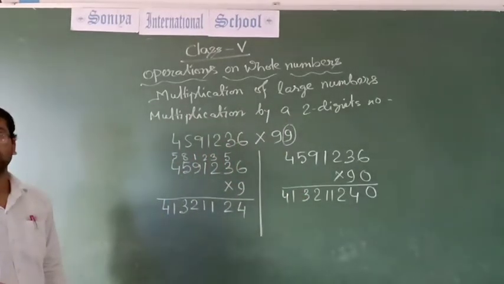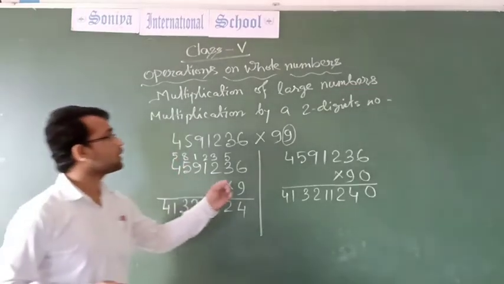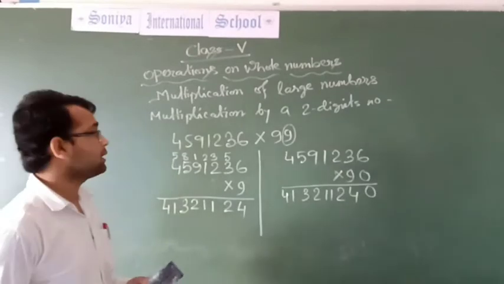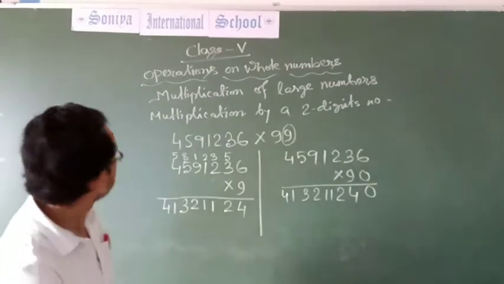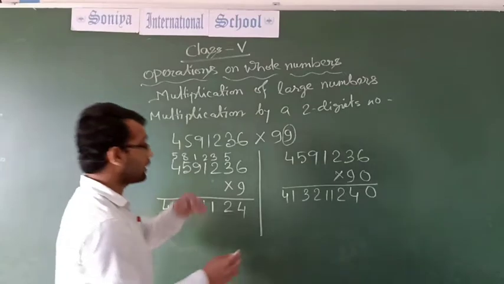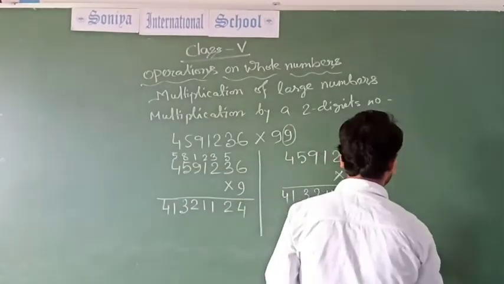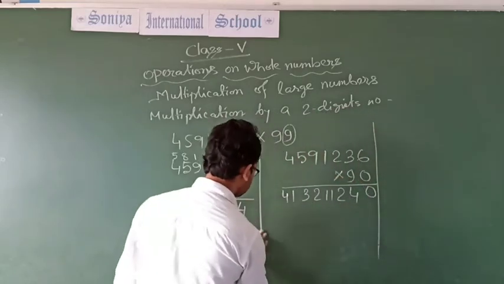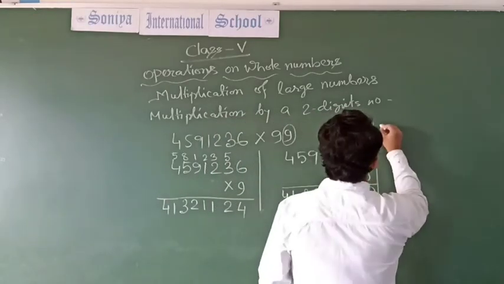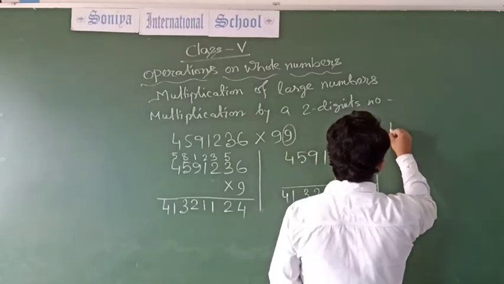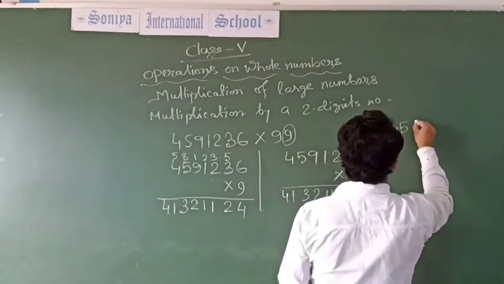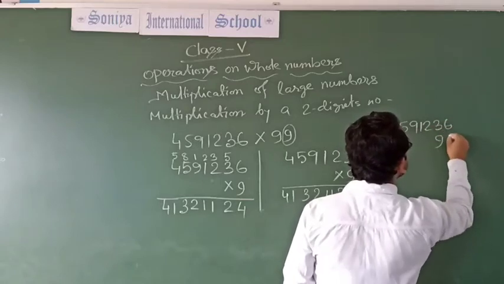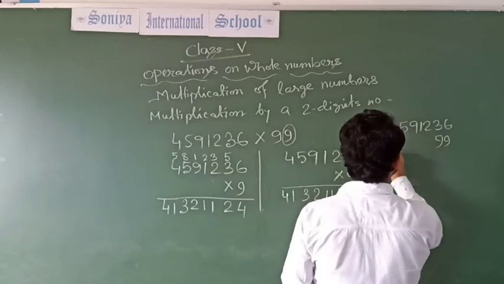So all together we will write: first, 4591236 and 99.